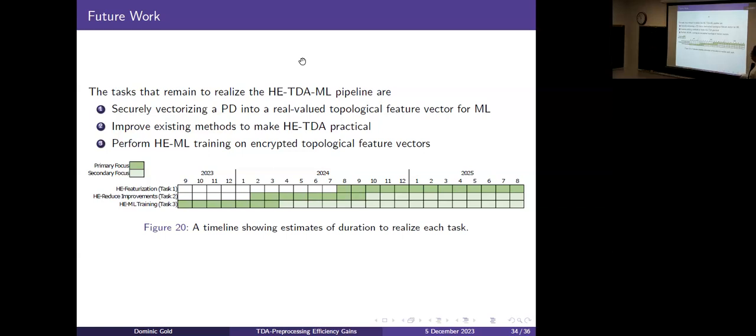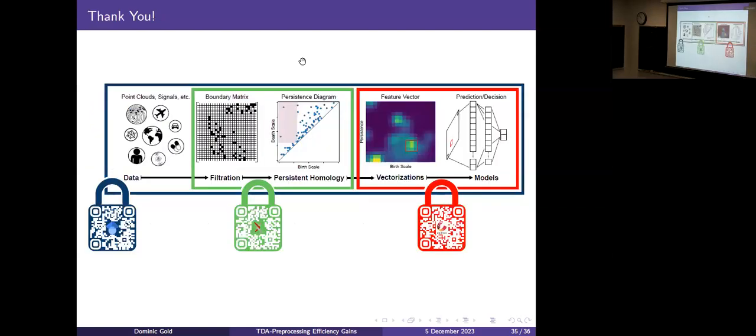The last major step is to think about securing the step which vectorizes a persistence diagram into a real-valued vector to use for downstream machine learning, because that would feed directly into the work we're doing right now. So secure vectorization is really project number 3. And yeah, that's my talk.